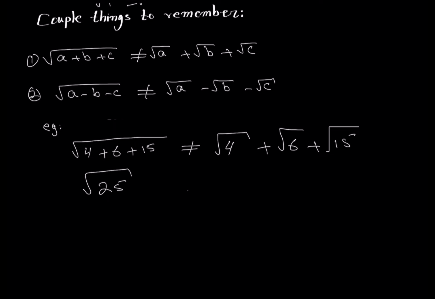The square root of 25 is not equal to the square root of 4, which is 2 because it's 2 to the power 2, plus the square root of 6, which we cannot simplify, so we simply use the calculator to give us a rough value, 2.45, plus the square root of 15, which is 3.87.